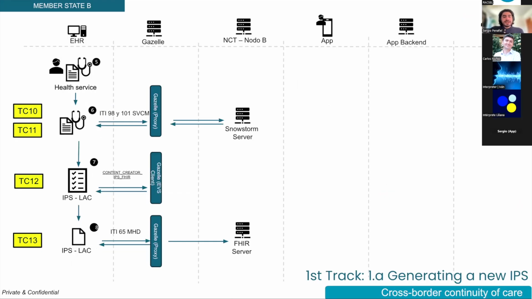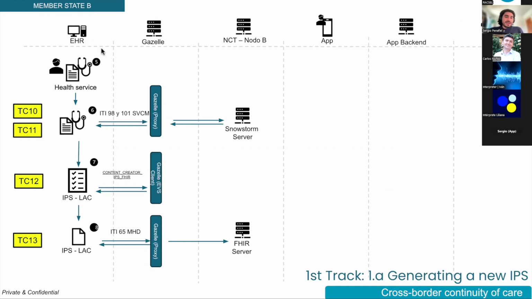And this is the new part, really. So in country B, where the patient is receiving a healthcare service, as we have said before, we might receive new important medical, clinical information that can be shared with the patient.